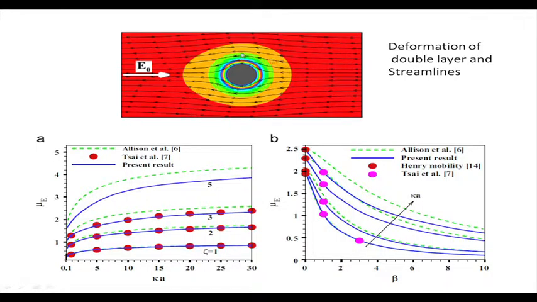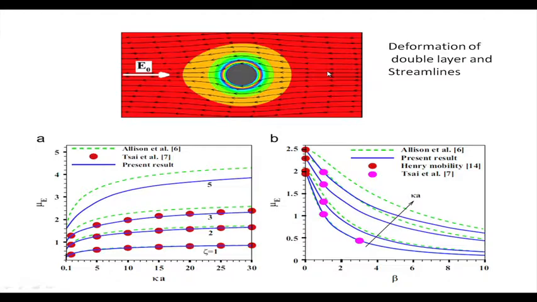So, this is the streamline pattern for gel electrophoresis. What we find here is the deformation of the double layer. So, this is the counter ion distribution. Here you see the streamlines. That means the electric field is applied and the fluid is moving along this direction. Here we kept the particle stationary, so the fluid is approaching from the opposite side.